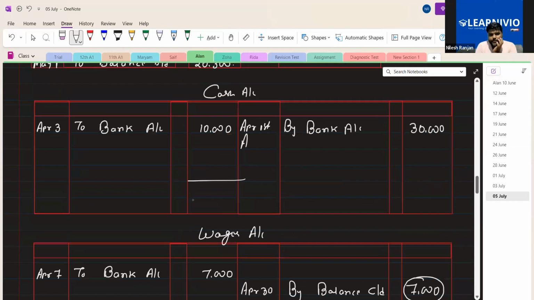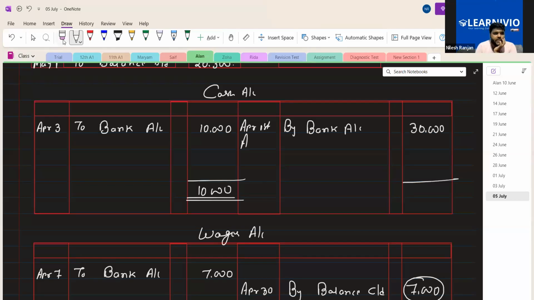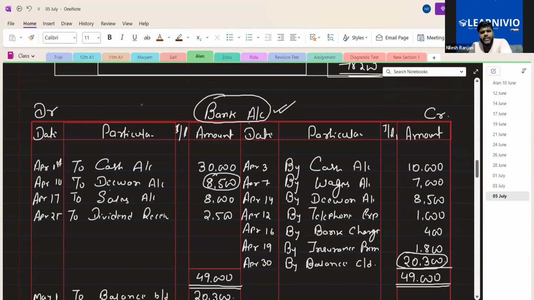In the cash account, it is 10,000. Sorry, no, the credit side is higher. How is it possible? Cash cannot be negative.